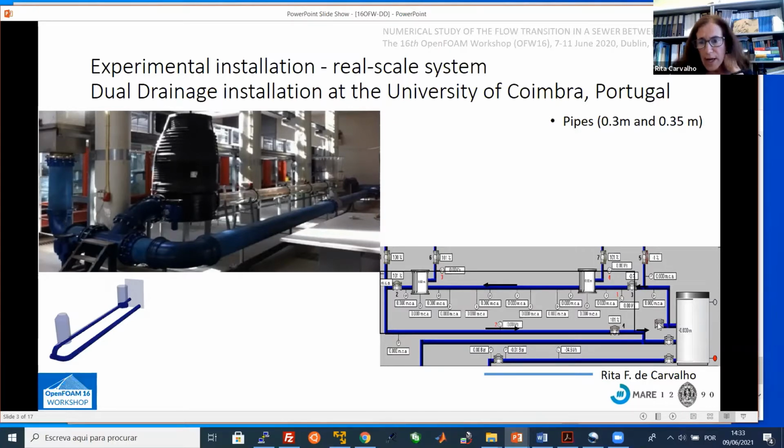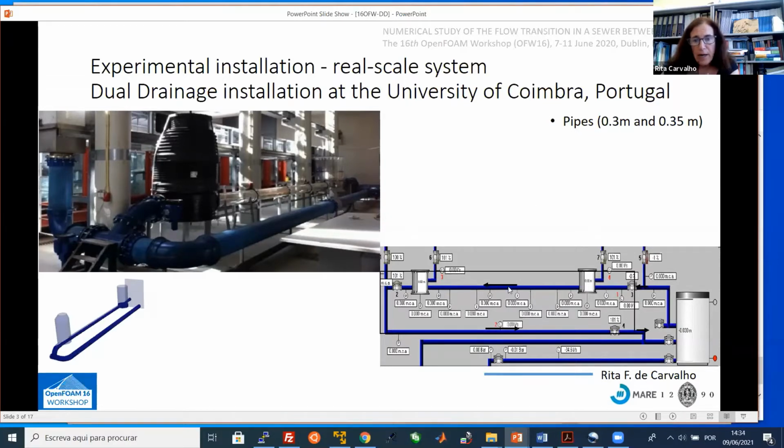So if we close the valve for the main circuit, we can induce the water to go to the pipes between two manholes, or to the other channel that is here, coming by gullies to the manholes and then going down again. So in this installation, I will use just the pipe, the manholes, and the main circuit as explained here.